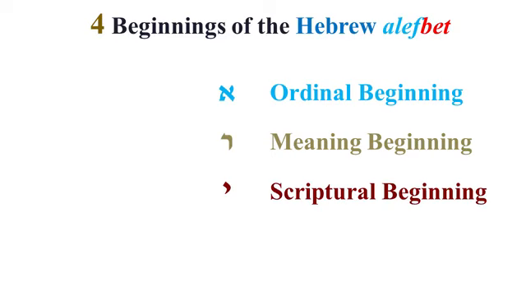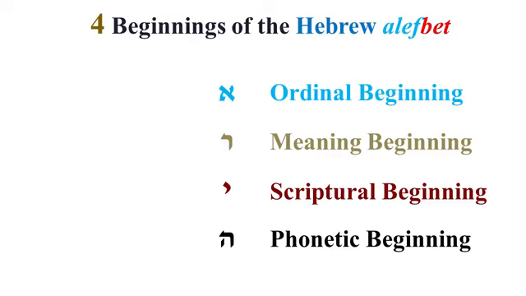Because if you're going to script it, if you're going to write it, as soon as you put your pen down on paper, that first dot you make is a yod. So you cannot write the Torah without first making a yod, because yod is represented by a dot or a little, right? It's a teeny tiny little thing.